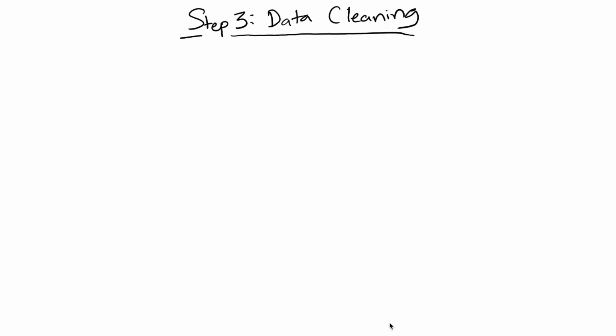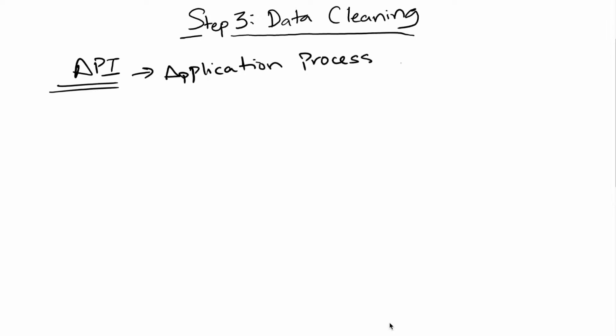Now, before I get started, there's something that I noticed in my earlier videos. In my previous videos, I spoke about APIs, where I said APIs are application process interface.